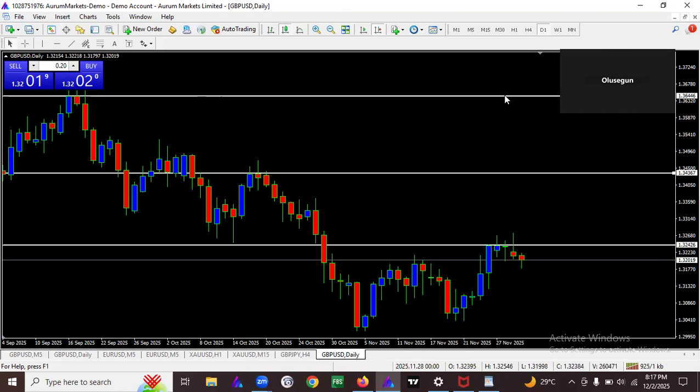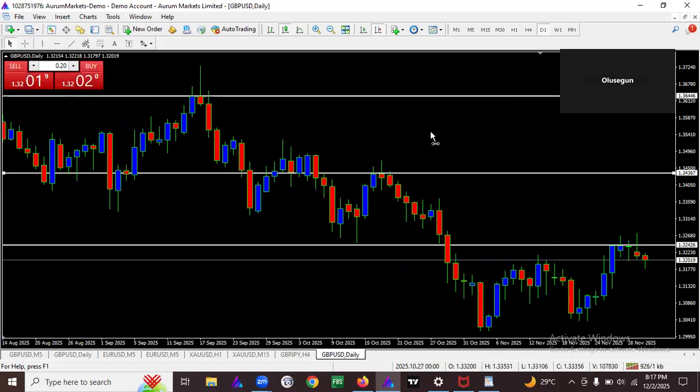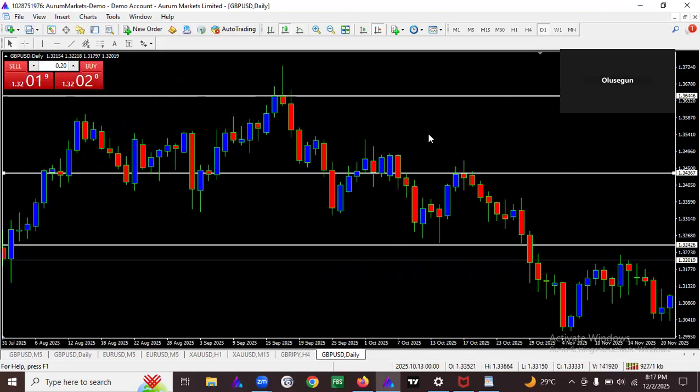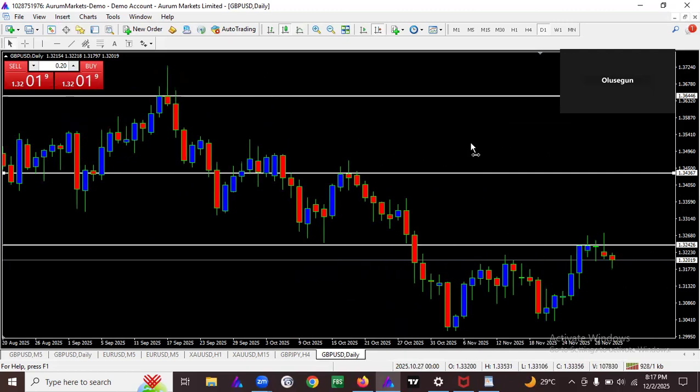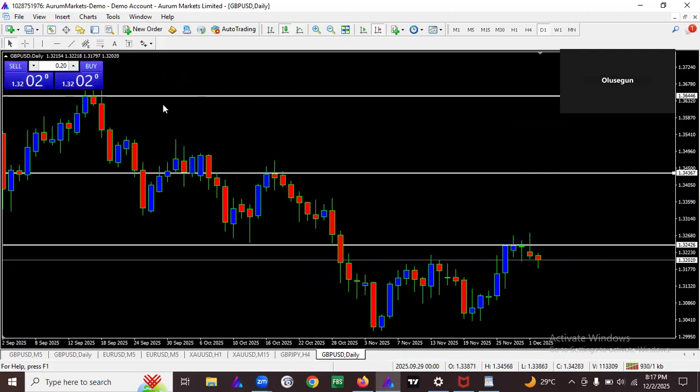It will drop because most traders, both institutions and retail traders, assume that this instrument trading at this price is at a premium area, a premium level. They see this level as an overbought area. So most retail traders will want to sell from that level. Do you get it?